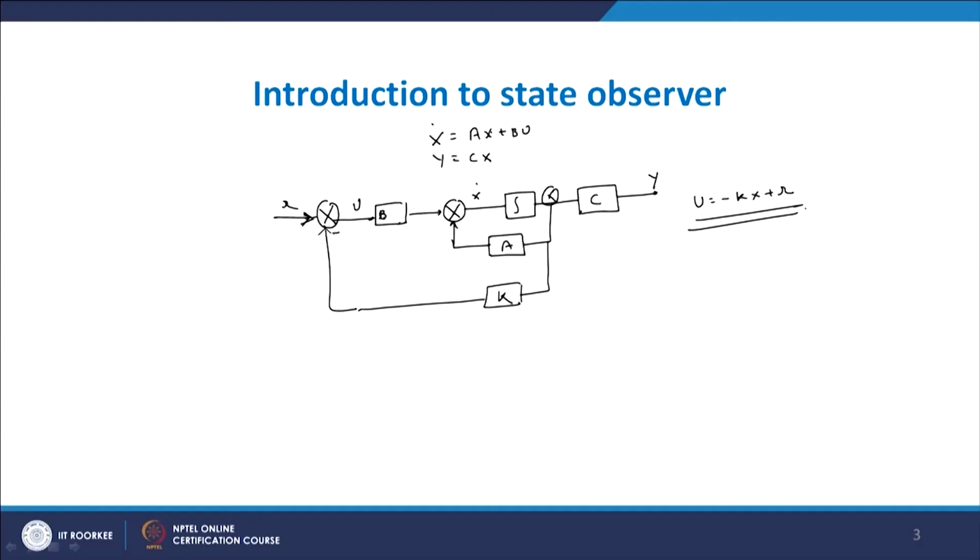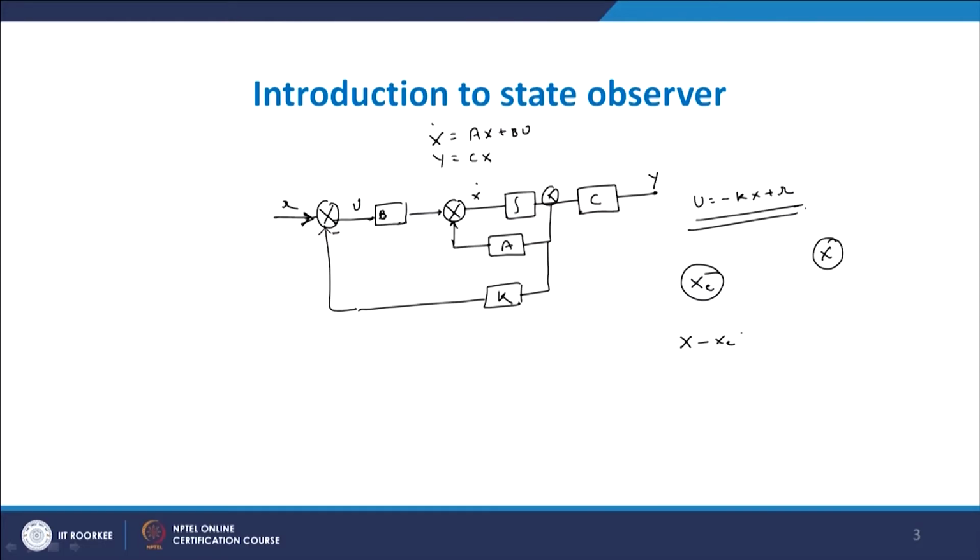The estimation of the state definitely depends upon the elements of A and B, and we have input u. So assume that we have an estimated state xe, this is the estimated state, and x is the original state. What we want is that whatever state we estimate, it should be near to the original state.